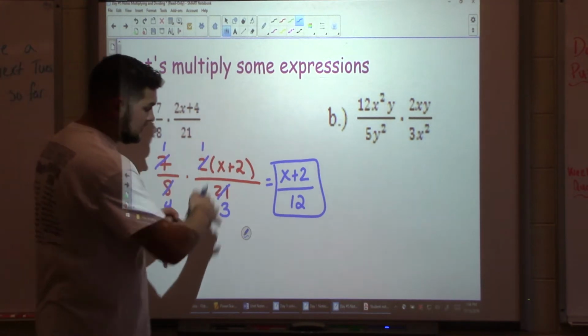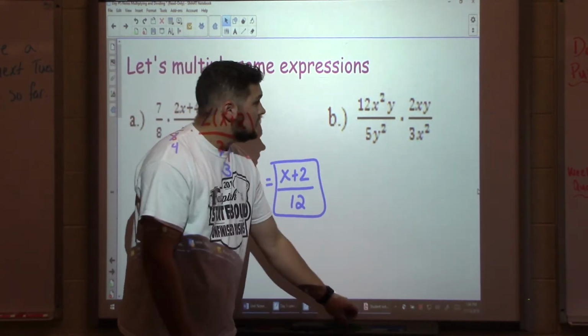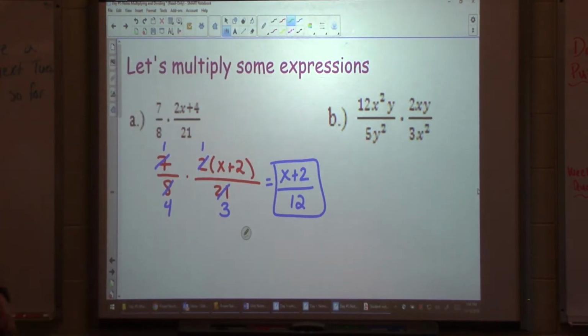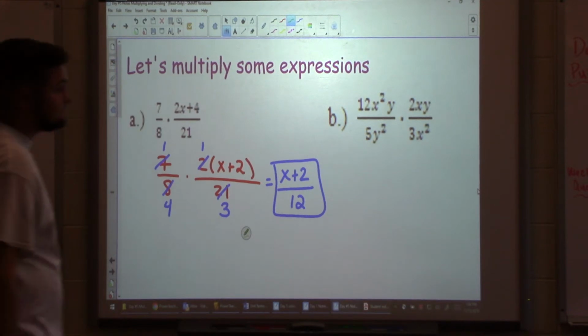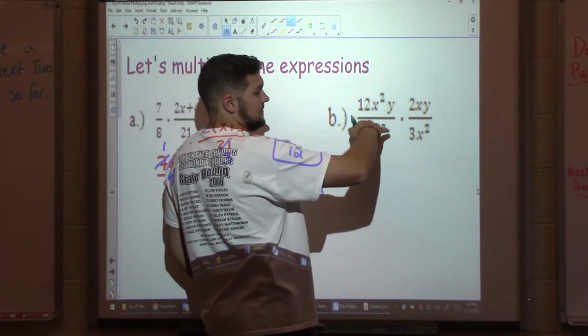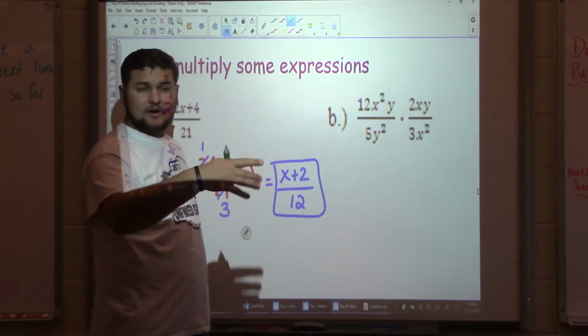All right, our second one here. 12x squared y over 5y squared times 2xy over 3x squared. Can I factor anything? No. But then I can start simplifying right away. What can I simplify here? Top and bottom, 12 and 3.